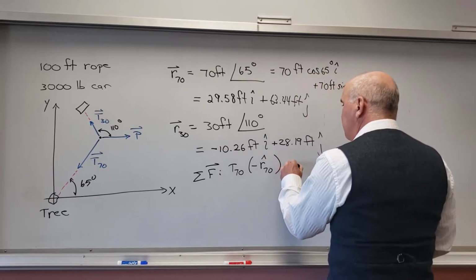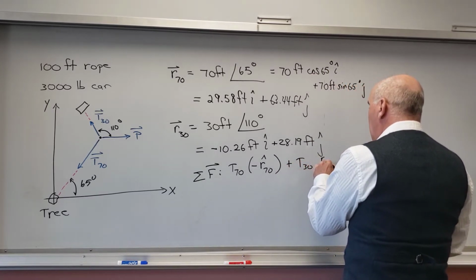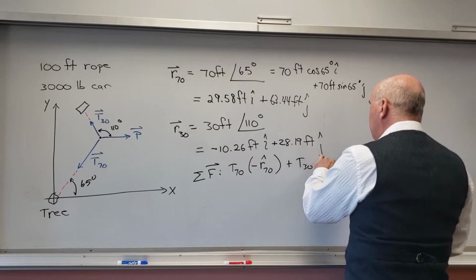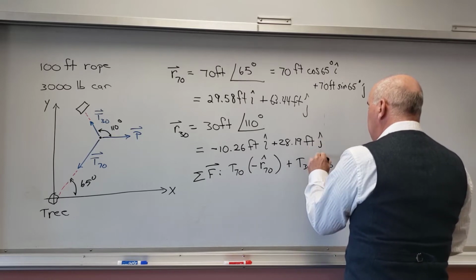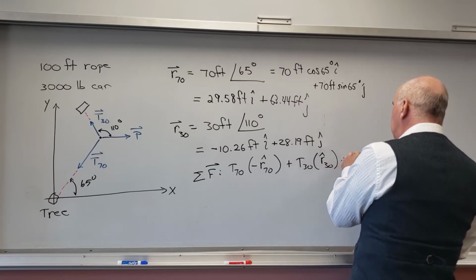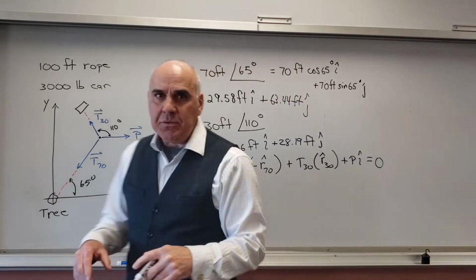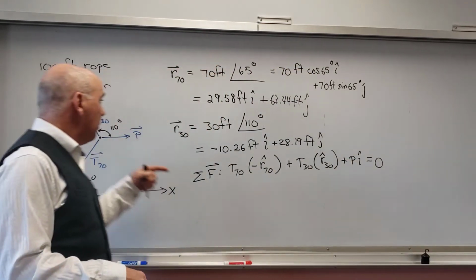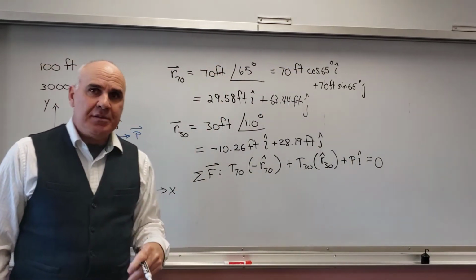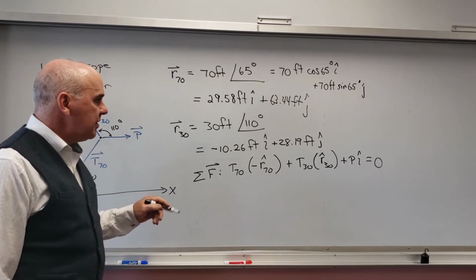And then plus T30 times R30 hat. And then finally plus P, which is all in the i hat direction. And so all of that's going to equal 0, right? I'm going to assume that I'm pulling P in the x direction. I can designate that because I can make the axes whatever I feel is necessary.